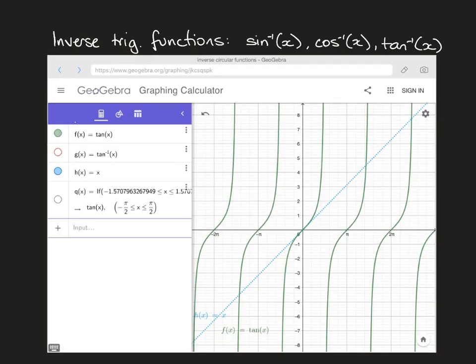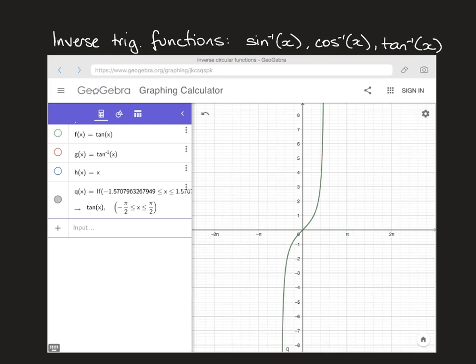Okay, so here's the graph of tan of x. Again, it's not a one-to-one function, so I'm just going to choose one section of the graph that is one-to-one so that I can have an inverse for it. There's my line y equals x, and inverse tan looks like that.